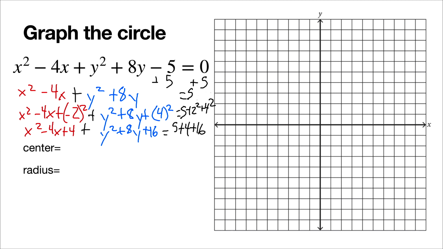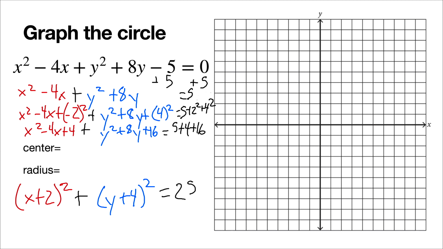So what we end up getting here is x plus 2 squared plus y plus 4 squared equals 25. Meaning our center is once again at negative 2. Oh wait, sorry. I made a mistake here. This should be x minus 2. So now let's try that again.